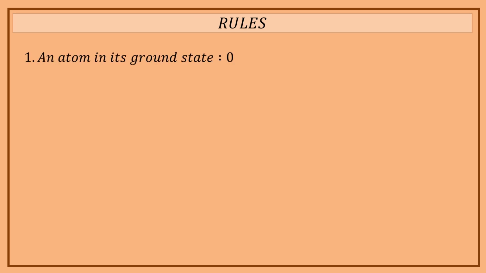The first rule for calculating the oxidation state is a follow-up of what we have just studied. An atom in its ground state will have an oxidation state equal to 0. We have just assigned the oxidation number to the sodium and chlorine atoms in our previous example, and the same applies for all atoms which are present in their respective ground state.